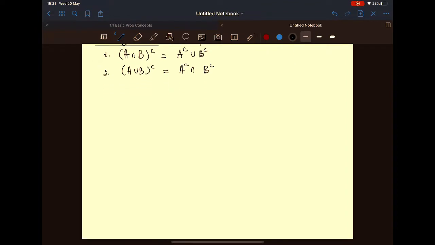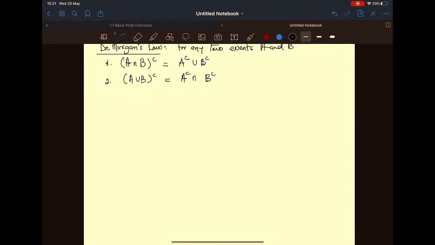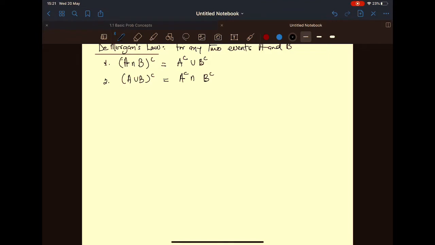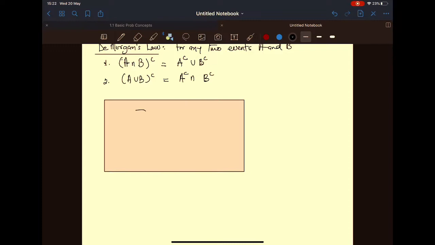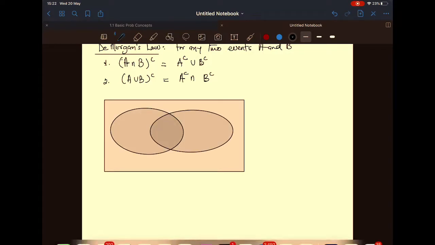We can better view this in a Venn diagram and see how best we understand. So let's say we have a Venn diagram with events A and B. This represents our sample space.